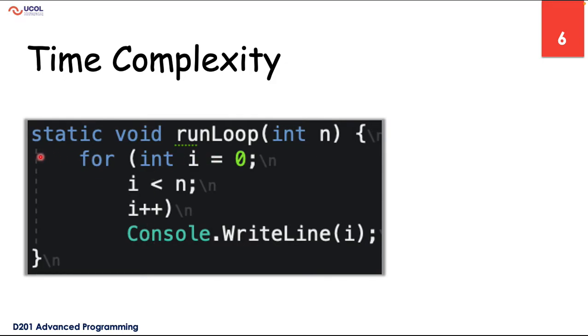So let's start. If I say that we have line number 1, line number 2, line number 3, line number 4, we are trying to see that line number 1 takes C1 time. Now we are not talking about which programming language.